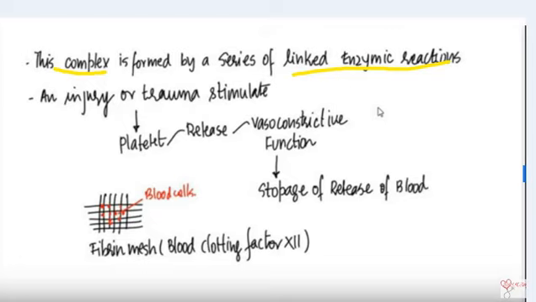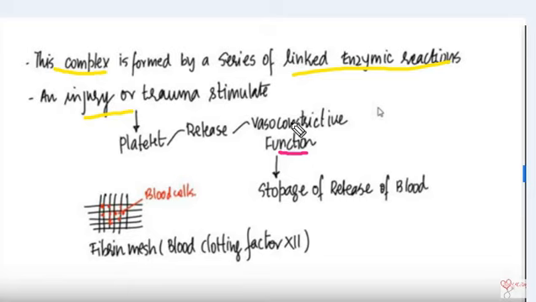Now, during injury or trauma, it stimulates our platelets to release vasoconstrictive function. What does this function mean? It means stoppage of the release of blood. It stops the further, excessive release of blood from our body.